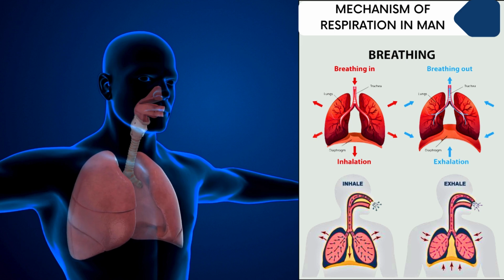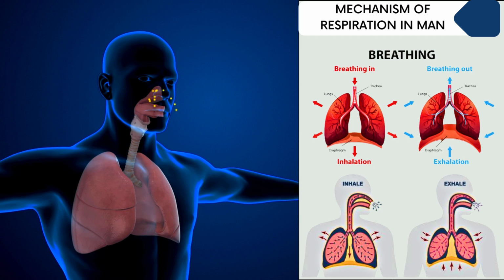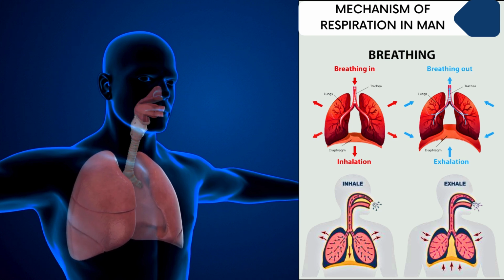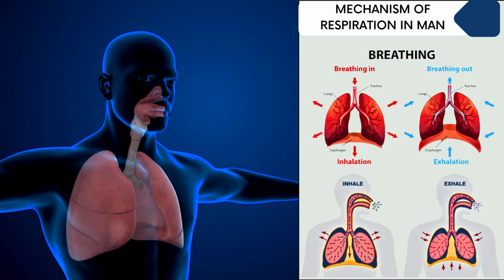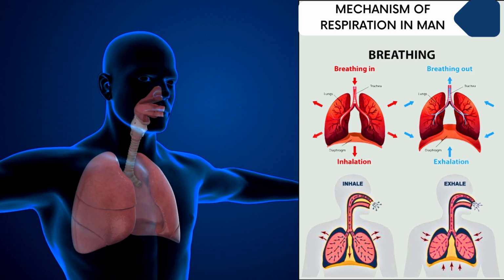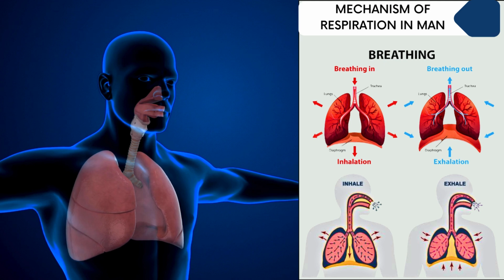The thoracic cavity first decreases in volume. The diaphragm then relaxes and assumes its dome shape. The intercostal muscles relax. The sternum moves inward. The ribs are moved downward and inward. There is a decrease in the volume and an increase in the pressure of the thoracic cavity.